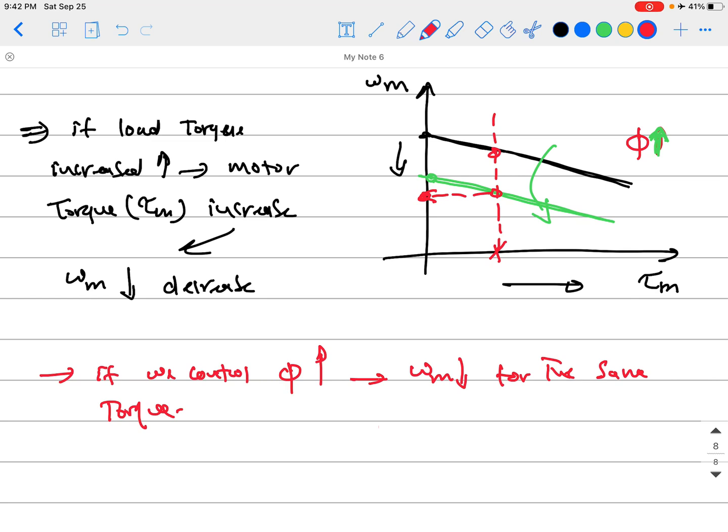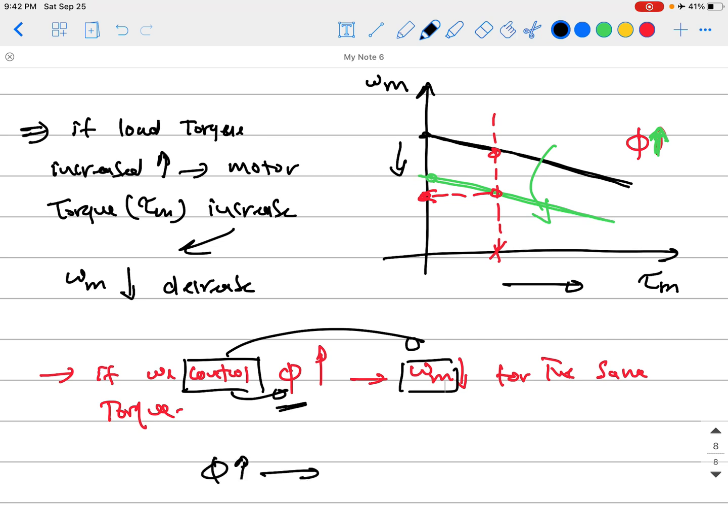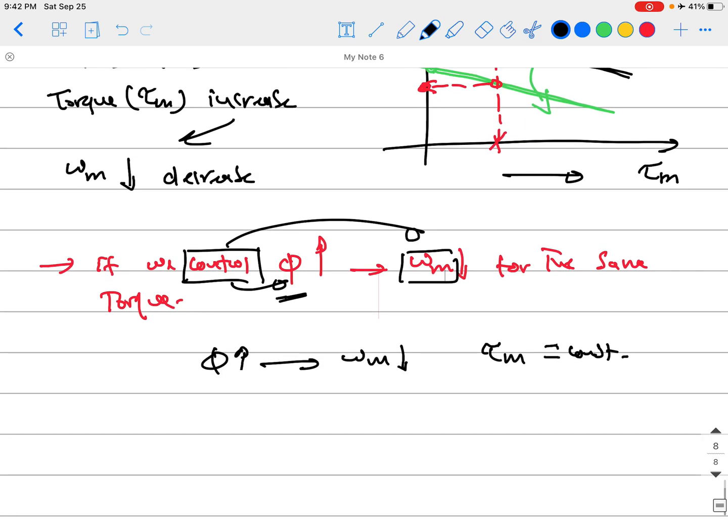And that's what we need by a control. So controlling the flux here controls the speed. Okay, guys? By controlling the flux, you can control the speed. If the flux goes up, the speed goes down at the same torque. And vice versa. If the flux goes down, the speed goes up at the same torque.